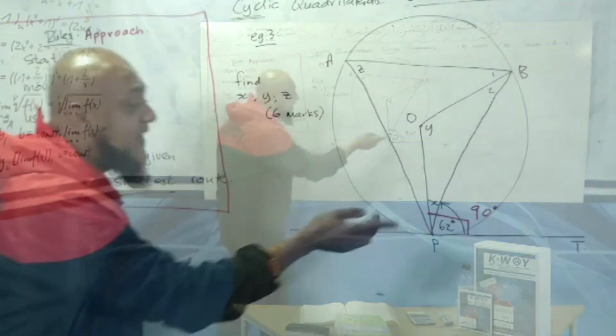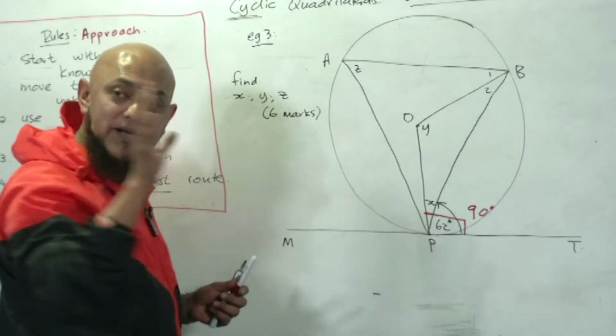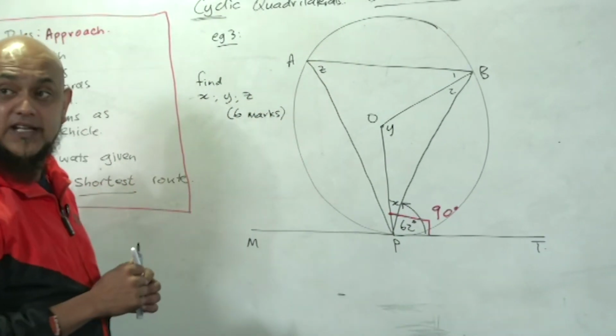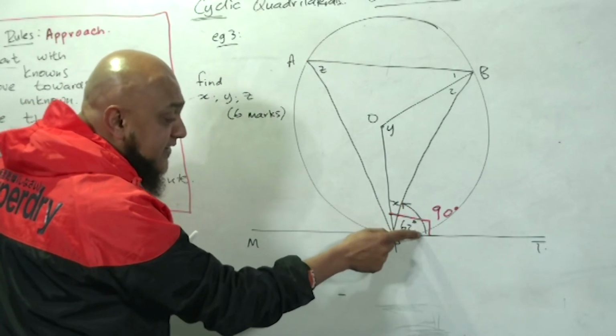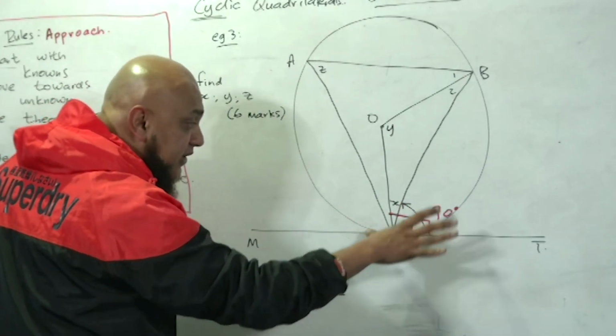Yes, we know what x is going to be, but let's first identify what's given on our diagram. We also have this angle here to be 62 degrees, and we have a tangent and a chord.